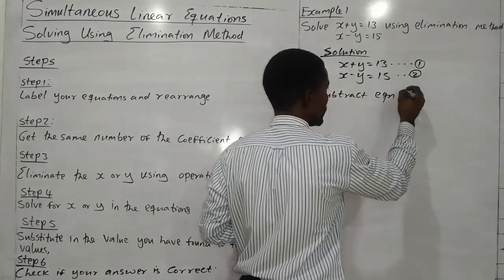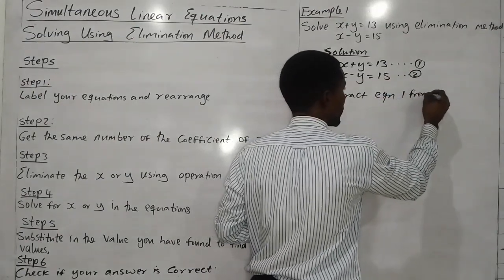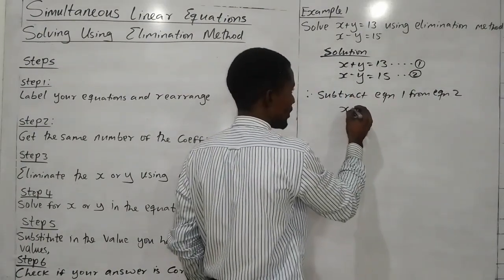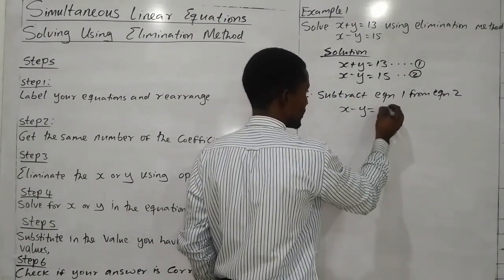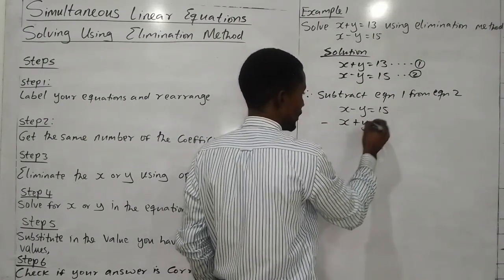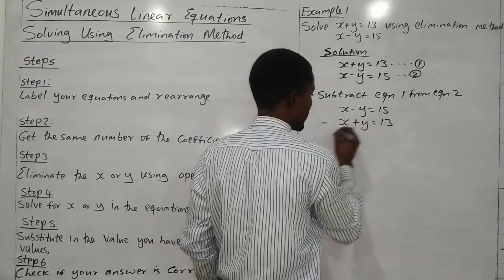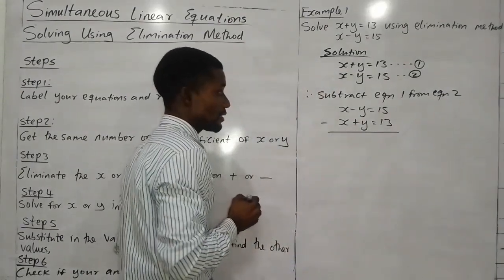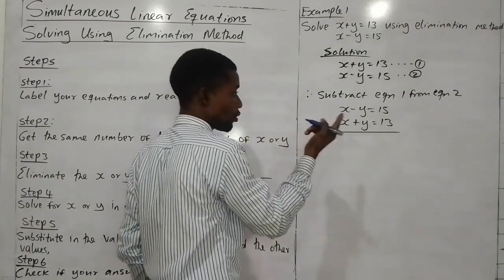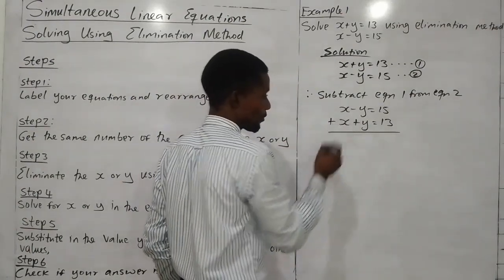Therefore, subtract equation 1 from equation 2. What is my equation 2? I have x minus y equals 15, minus my equation 1, x plus y equals 13. So the examiner says we should subtract. Now I can choose to use plus or minus. I want to use plus.